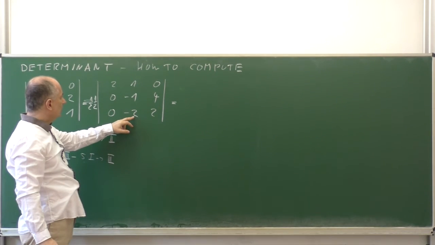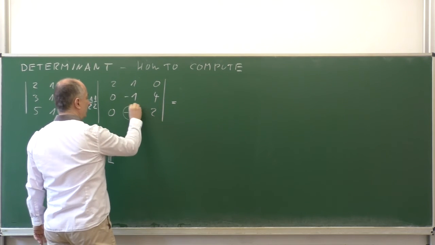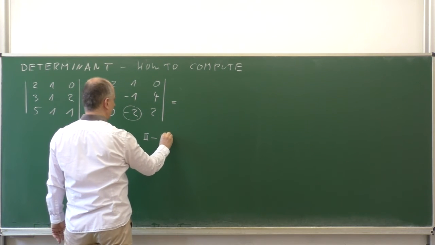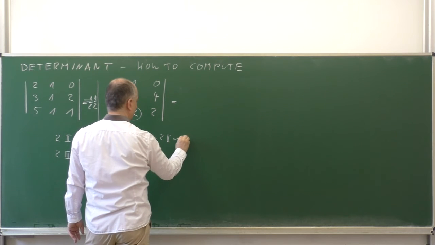Well, and now we can reduce this number to 0 by taking the third row and subtracting 2 times the second. And the third minus 2 times the second will be the new third row.